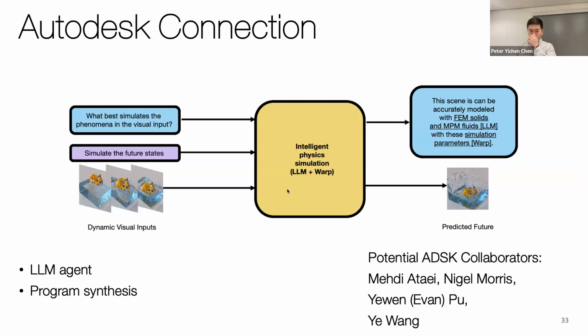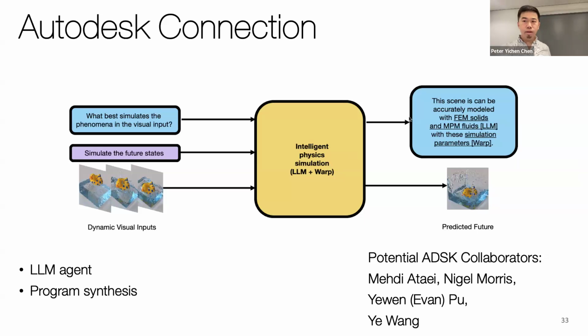You guys are exploring using this LLM agent to do lots of tasks that traditionally require lots of human intervention. So let's say we see this observation of some physical phenomenon, then we can leverage these LLMs, VLMs to figure out, okay, there's solid-fluid coupling there. This is probably simulated best through some finite element, as well as some particle-based fluid solver.